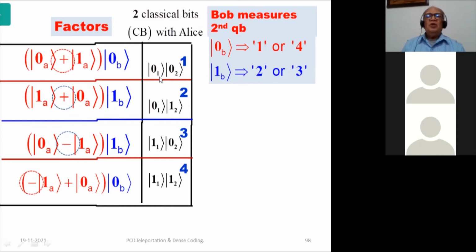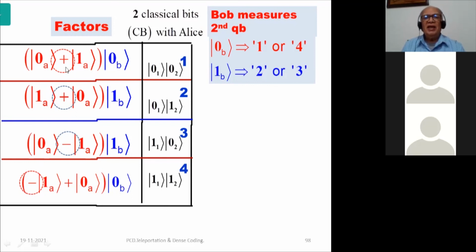So he has to distinguish between case 1 and case 4. He has ruled out 2 and 3. And if he gets 1, he rules out case 1 and case 4, but he doesn't know whether it is case 2 or case 3. In other words, he has to find what kind of a linear superposition it is.